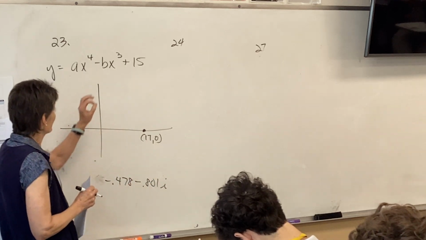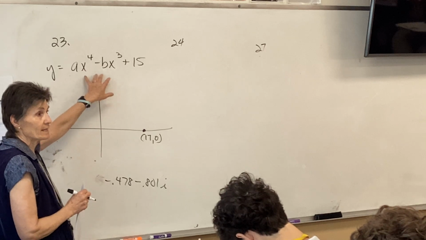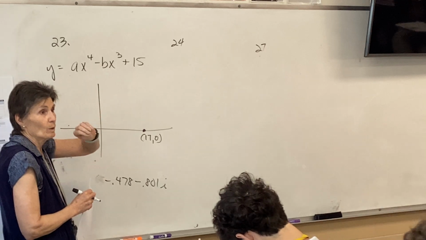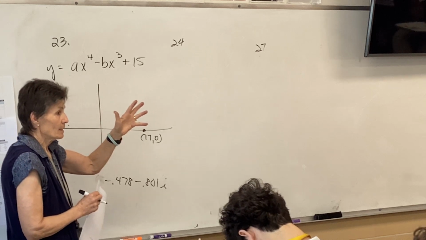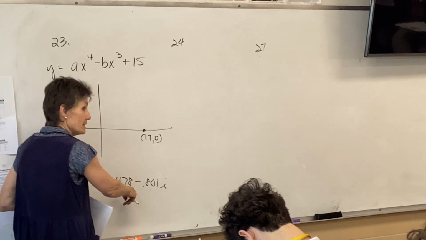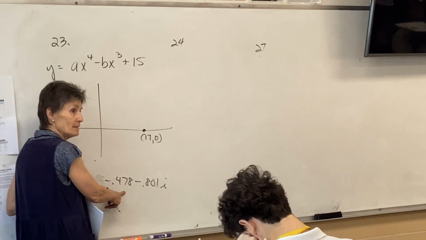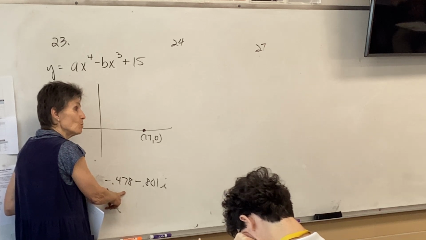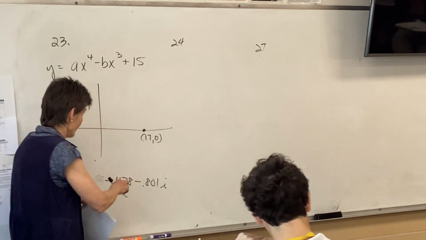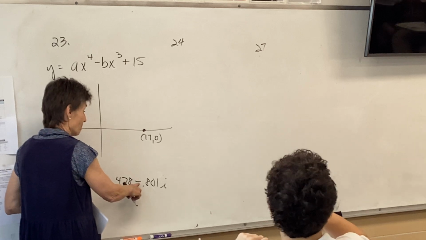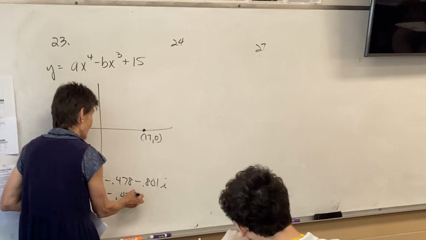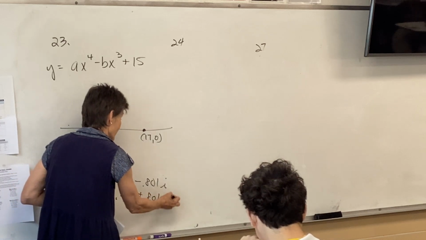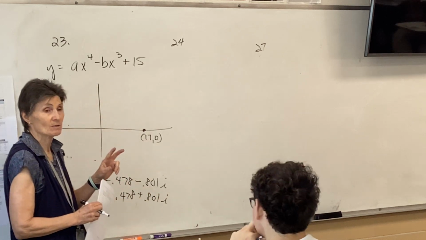Now remember, the degree of this thing is 4, which means there have to be 4 zeros. Imaginaries only come in pairs. You will never have negative 0.478 minus 0.801i without negative 0.478 plus 0.801i, okay?